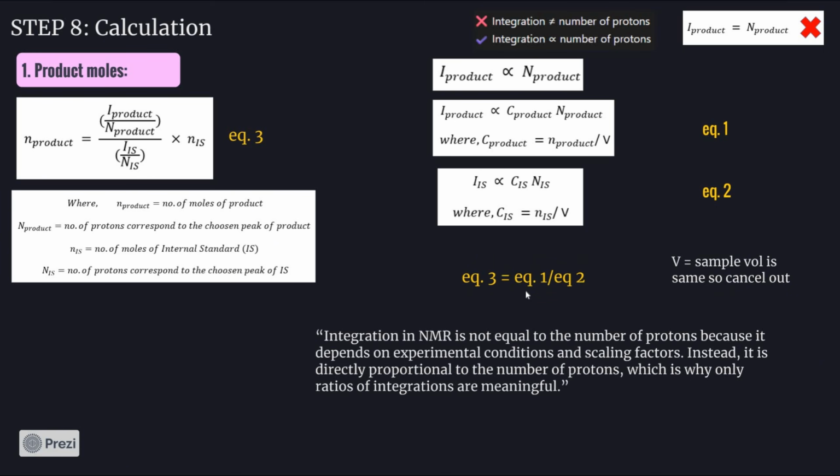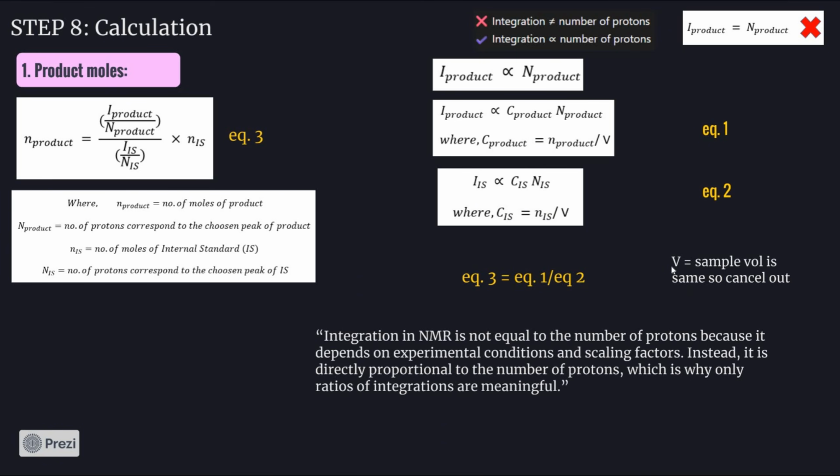When you divide, the V, which is the sample volume, is the same for both, because in the NMR tube you have the internal standard and the sample in the same volume. So V will cancel out, right? And after cancelling out this V, we don't need to know the volume we are taking for the NMR sample.